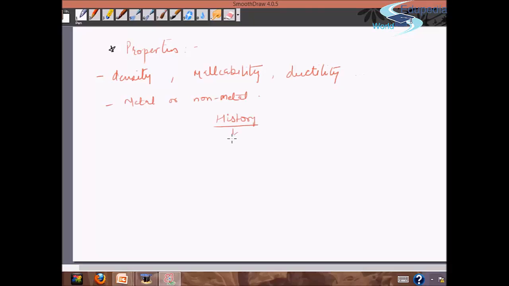Friends, before written history, people were aware of some of the elements like gold, silver, copper, lead, tin, mercury, etc. It wasn't until 1649, however, that the first element was discovered through a scientific inquiry.